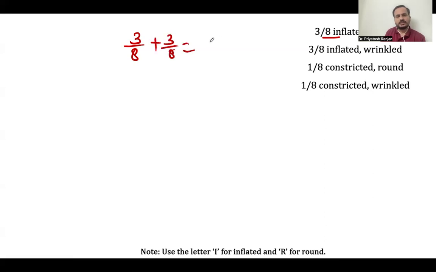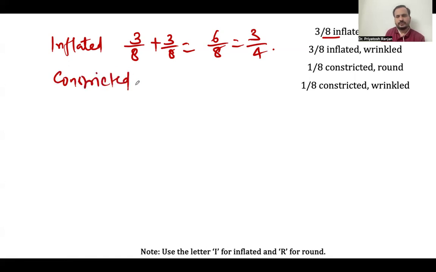The total ratio which you are going to see in this population is 6/8 or 3/4 inflated, one gene, and then the recessive form of the same gene is constricted. And we can easily figure it out. The ratio of the constricted is 1/8 and 1/8, which is 2/8 equals 1/4.